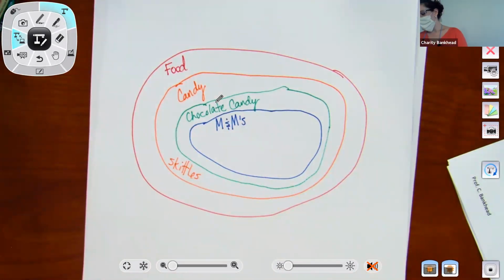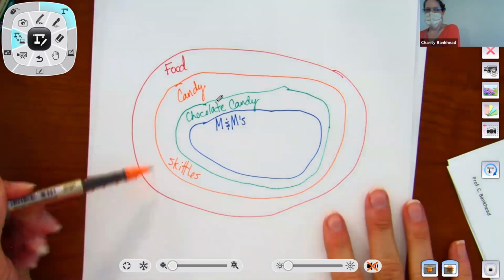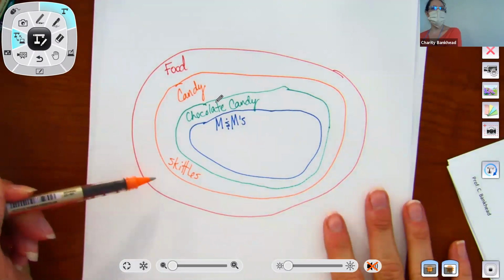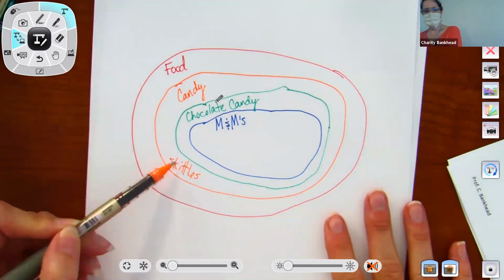Skittles are also a kind of food, but I don't need to write Skittles in the food circle because it's already inside the food. Just by writing it in the candy circle, it already is in the food circle. So I don't need to write it again, right?